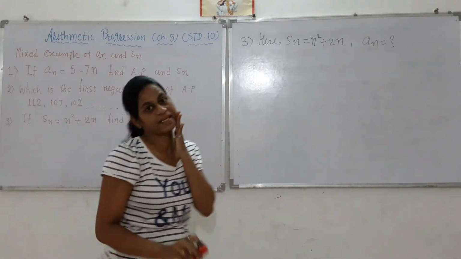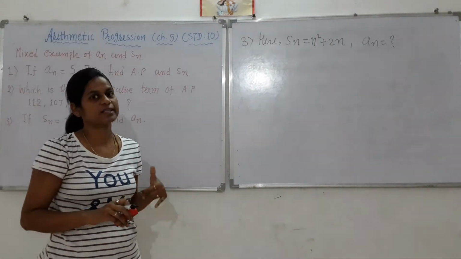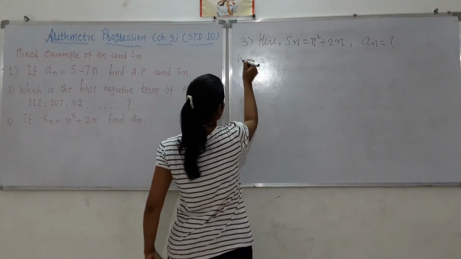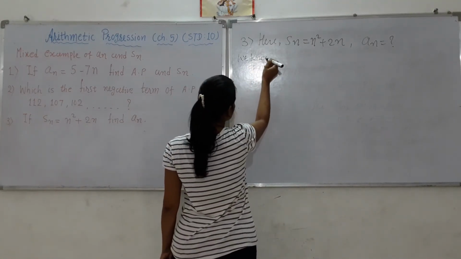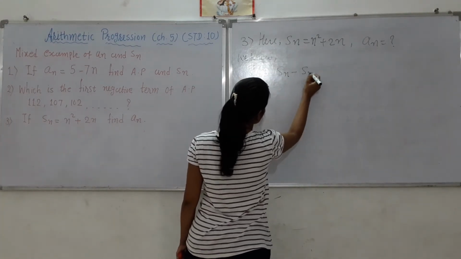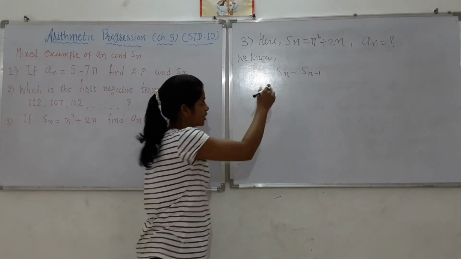Whenever you have Sn given and you want to find an, we know the relationship. What is the relationship formula of an and Sn? So we know an is equal to Sn minus Sn minus 1. You should use this relationship here.